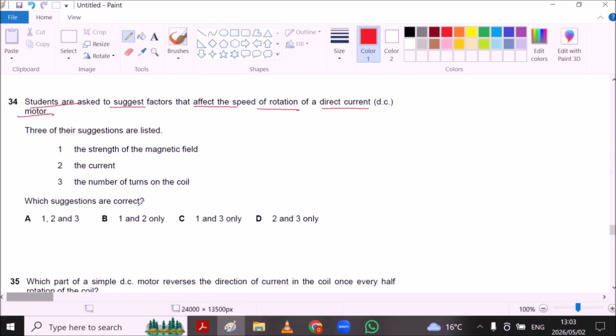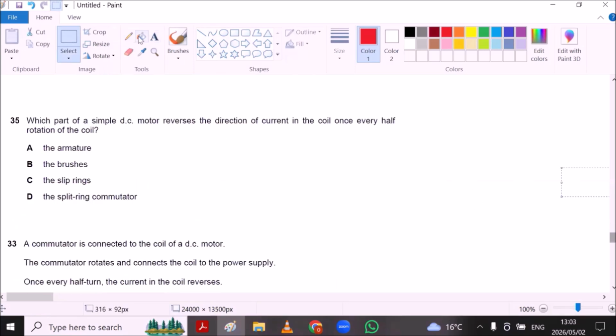Which suggestions are correct? The strength of the magnetic field increases the speed of rotation. The current also increases the speed of rotation, and the number of turns on the coil affects the speed of rotation. So all 3 are correct. So our answer is A, 1, 2, and 3.